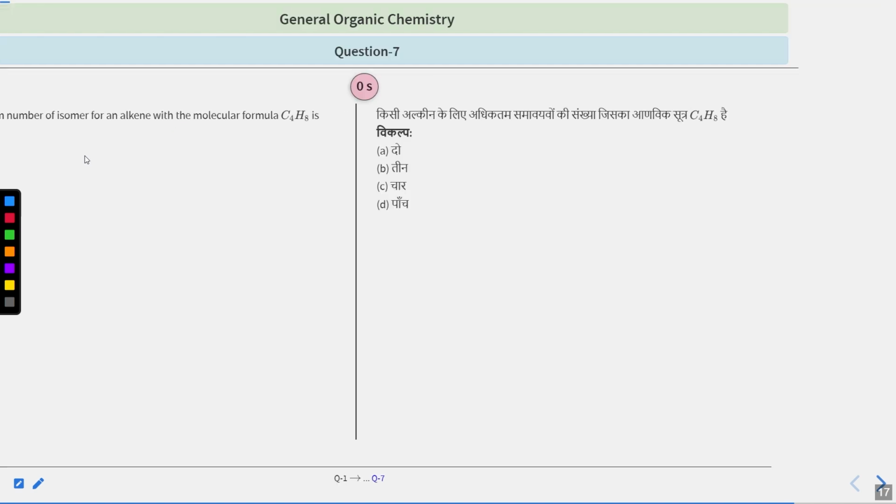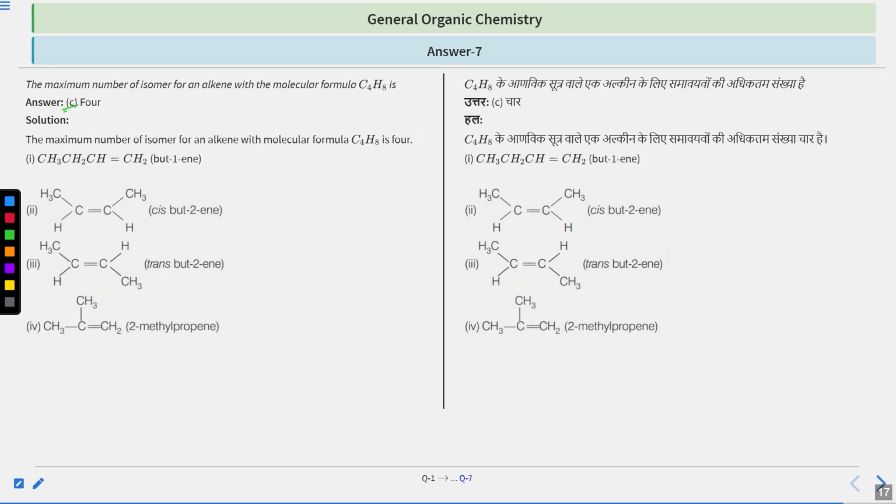Let's see. The correct answer is option C, that is 4. The maximum number of isomers for an alkene with the molecular formula C4H8 is 4. How? The first one is simply but-1-ene. Write the structure and put a double bond at the first position. This is the first isomer.